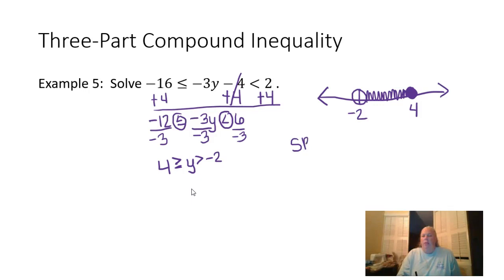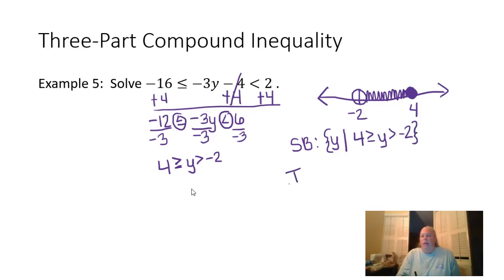For my set builder notation, I have the set of y such that, and conveniently, my rule is located right here. So we have 4 is greater than or equal to y, which is greater than -2.